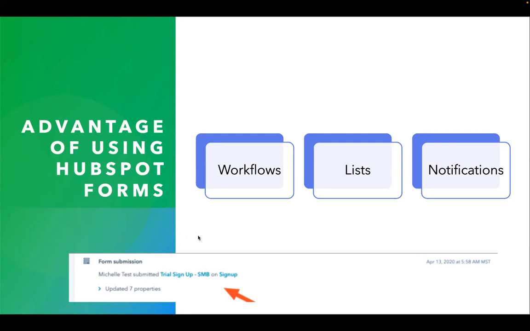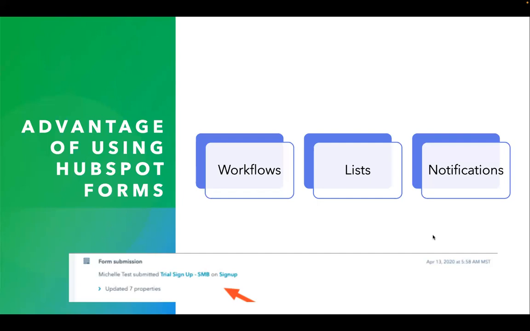It actually takes you through that cookie traffic of when Michelle came and how she came, giving you that direct traffic leading up to when she filled out the form on that landing page. Versus if you're using a third-party, non-HubSpot form, you're just getting basic information: she submitted this form on this page, here's a timestamp, and everything going forward.